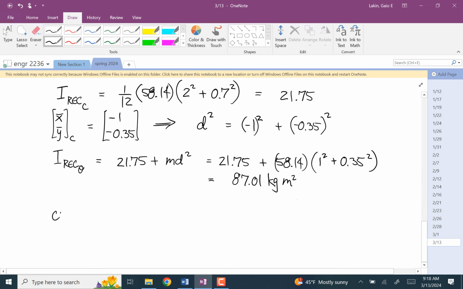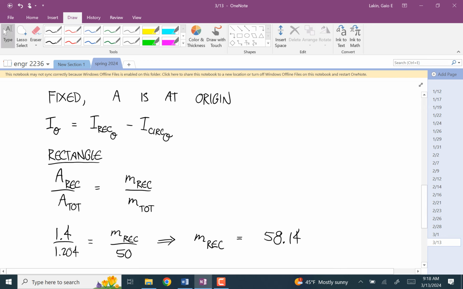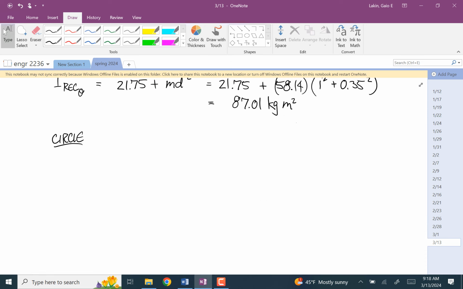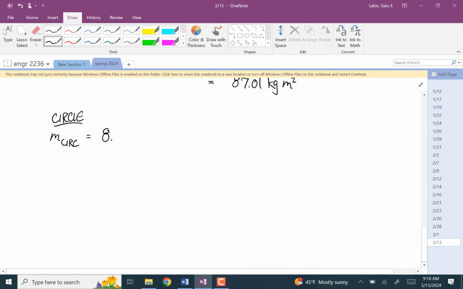And then for the circle, we know that the masses have to add up to what's given in the problem, 50. So we know that the mass of the circle is 8.14. You can think of that as negative.